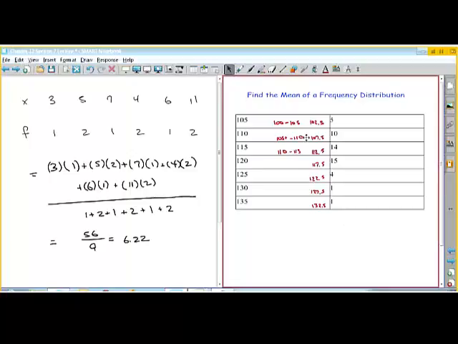Now, if you're given a frequency distribution rather than the raw data, you can calculate a mean from a frequency distribution. You probably haven't done this before, I don't think. This is my frequency distribution that I think I just used, but if it's not, it's close to it. What this says is from 100 to 105, there were 5.